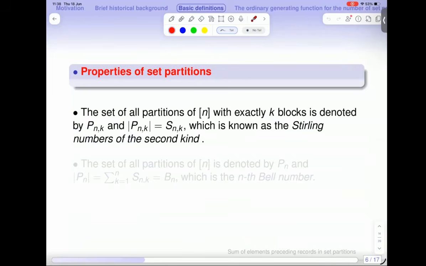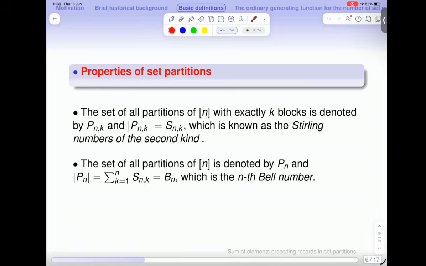Here we have a notation and properties of set partitions. The set of all the partitions of the set [n] with exactly k blocks is denoted by P(n,k), and the size of this set is equal to S(n,k), which are the Stirling numbers of the second kind.